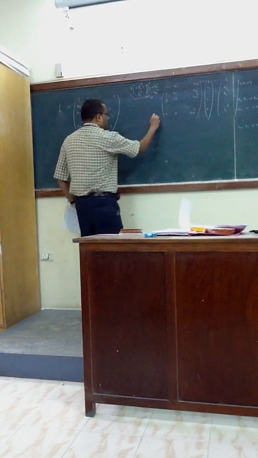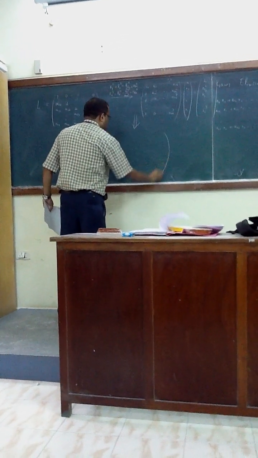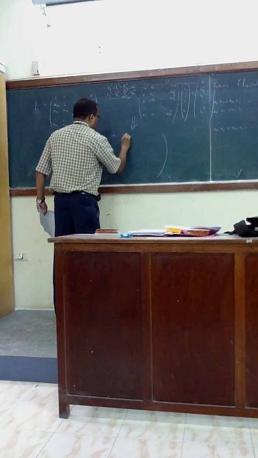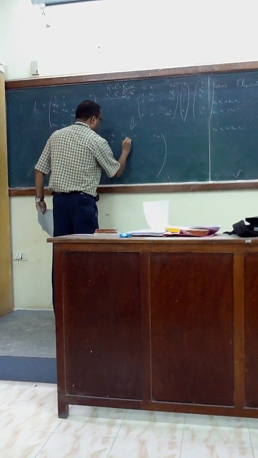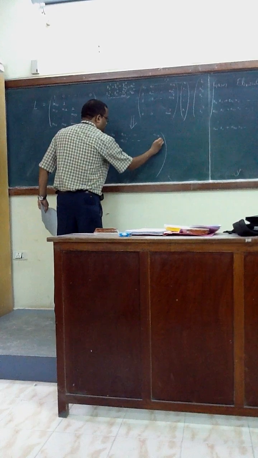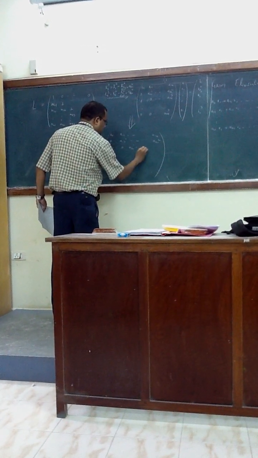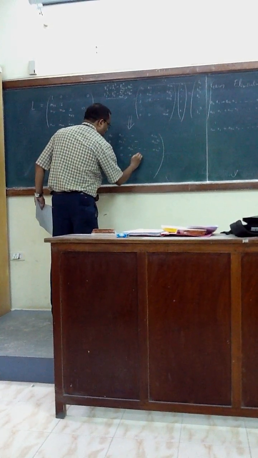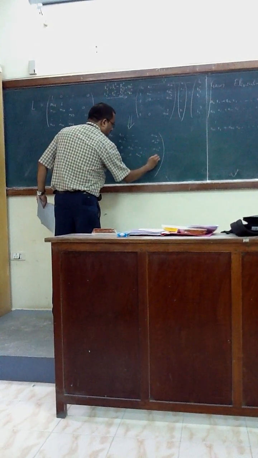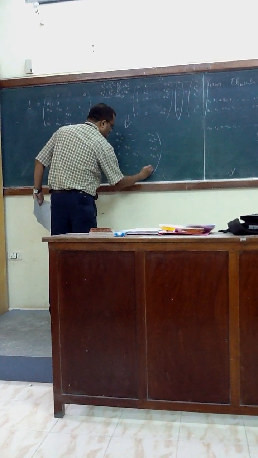At the end, what actually happens? My entire system A11, A12, A1n, 0, A222, A2n2, 0, 0, A333, A3n3, 0, 0, 0, A444, A4n4, and lastly you have ANN.